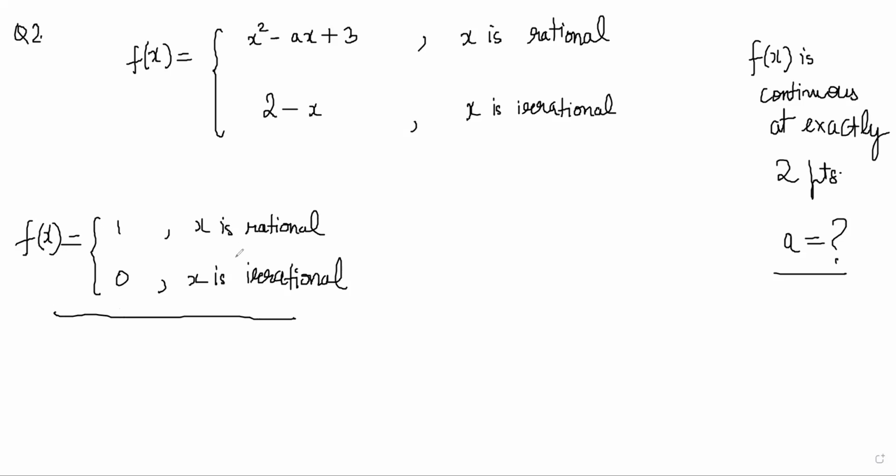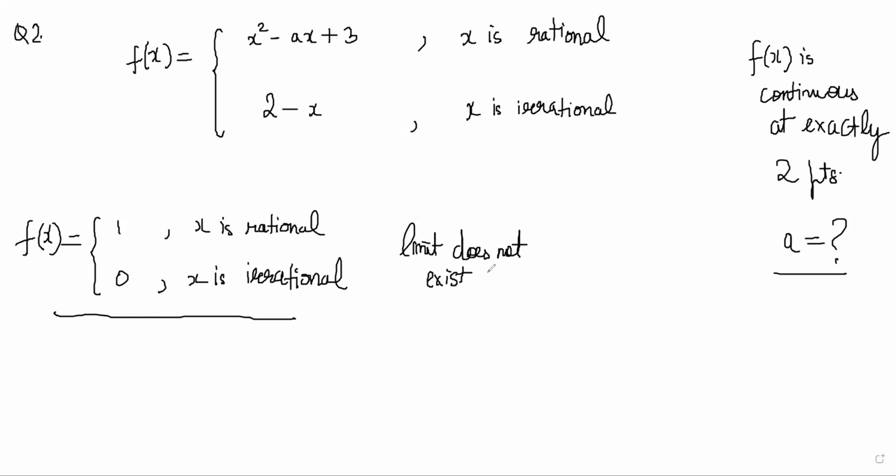Why is it not continuous at any point? Because at any point you don't know the neighborhood, whether it is 1 or 0. At any specific point you can say the answer for that point, but you don't know what the next point is, because the next point will be irrational or rational. You can put an infinite number of irrationals and rationals right next to them. So the problem is that the limit does not exist at any point.